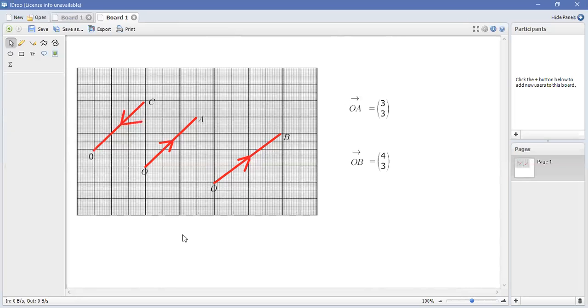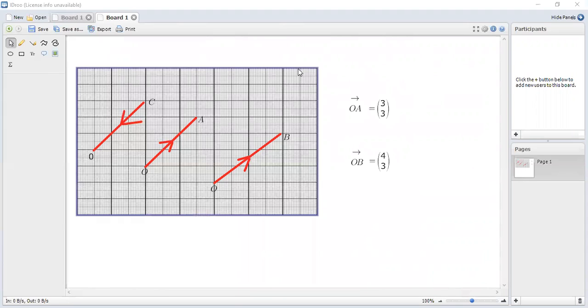All right, so I see somebody said 3/3. OC. No, CO. CO. You observe. Hold on there, please.